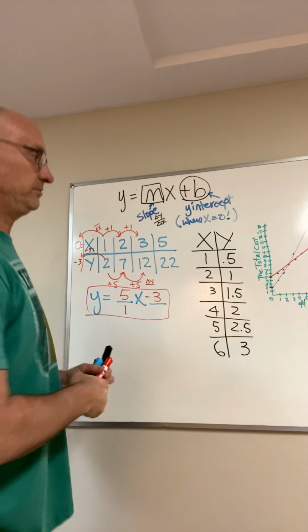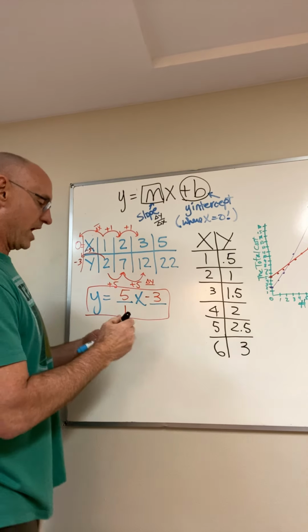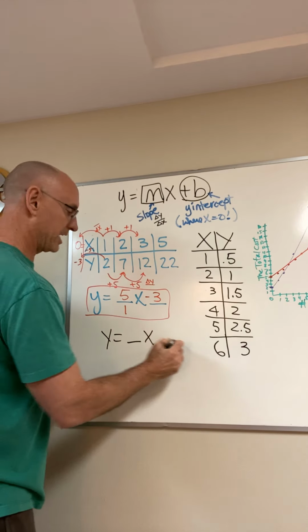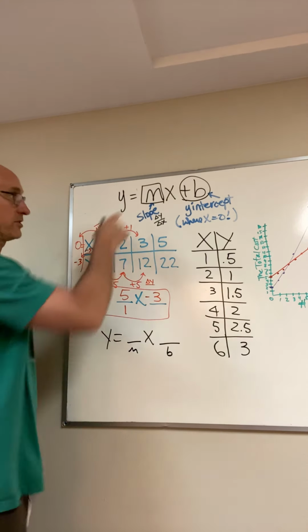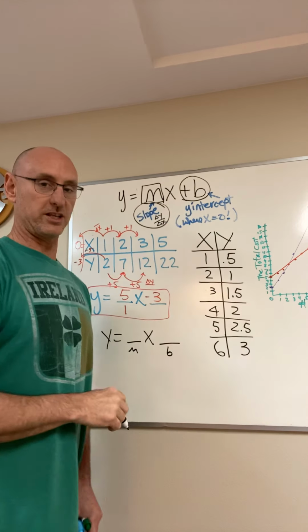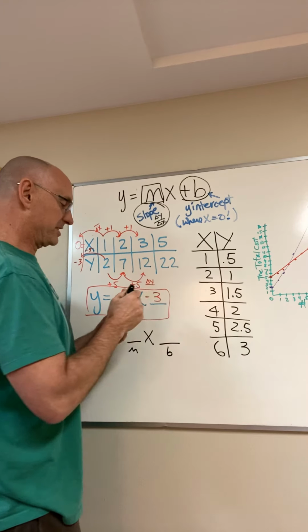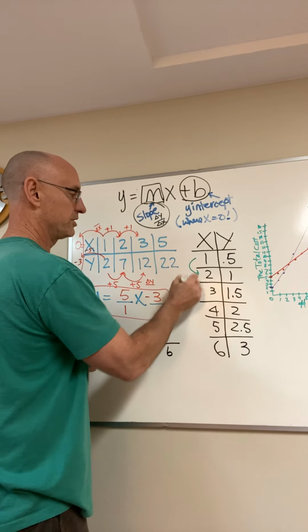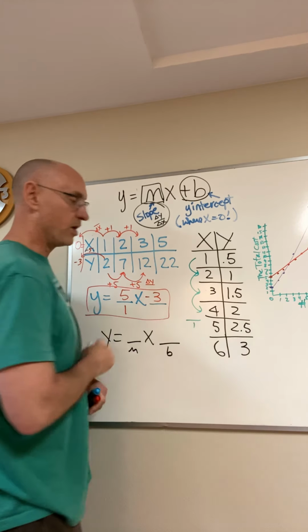Here's our table of values. We're going to build the y equals blank x blank, because we want the m and the b, the slope and the y-intercept. Each time, how much is that x going up by? From 1 to 2, 2 to 3, 3 to 4, that means a 1 underneath.